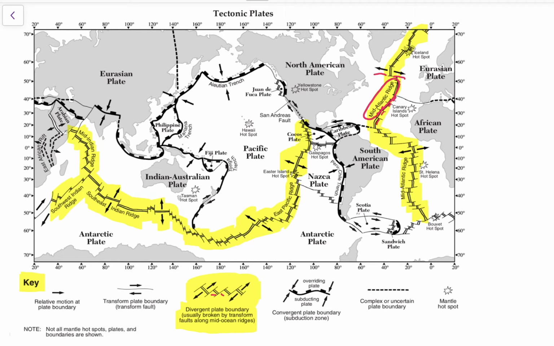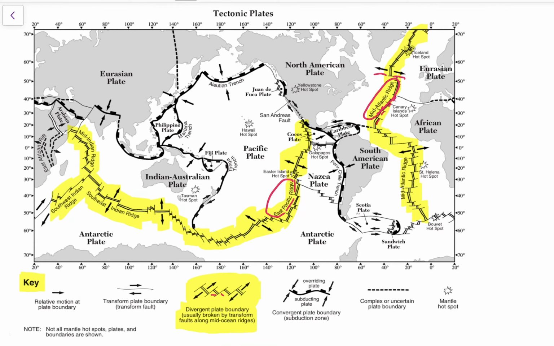Okay, so one question that you might see asks, the East Pacific Ridge is a boundary between which two plates? Remember, these ridges that we just highlighted in yellow are where two plates meet. For example, the East Pacific Ridge is right here, and it is an area where two plates are moving away from each other.